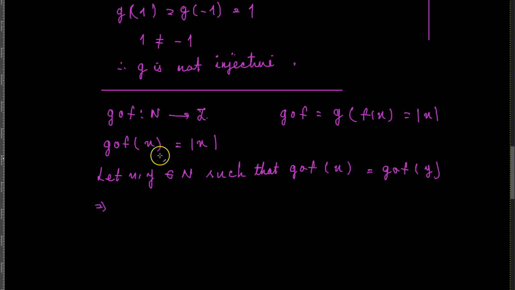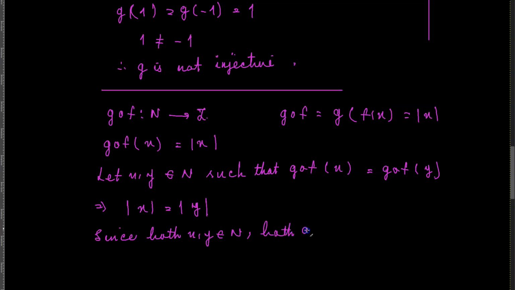Which means that the absolute value of x is equal to the absolute value of y, which means that, since both x and y belong to the set of natural numbers and both are positive, the absolute value of x is equal to the absolute value of y implies that x is equal to y.